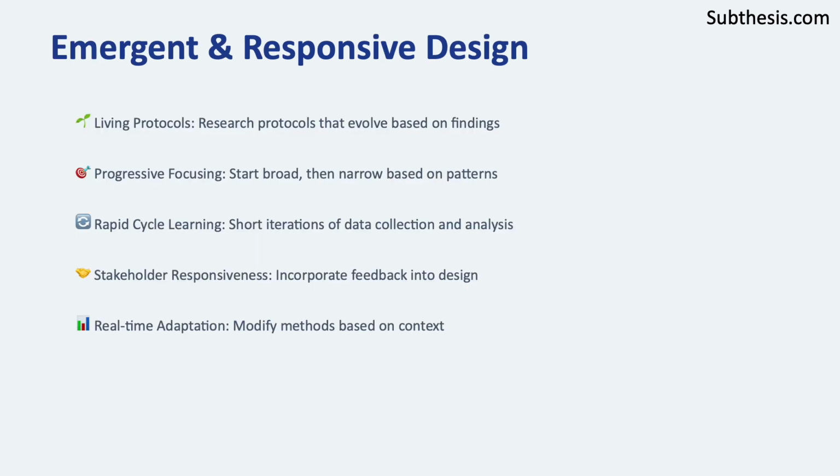Emergent and responsive design features living protocols that evolve based on findings. Progressive focusing that starts broad, then narrows based on patterns. Rapid cycle learning through short iterations. Stakeholder responsiveness incorporating feedback into design decisions, and real-time adaptation modifying methods based on contextual changes.